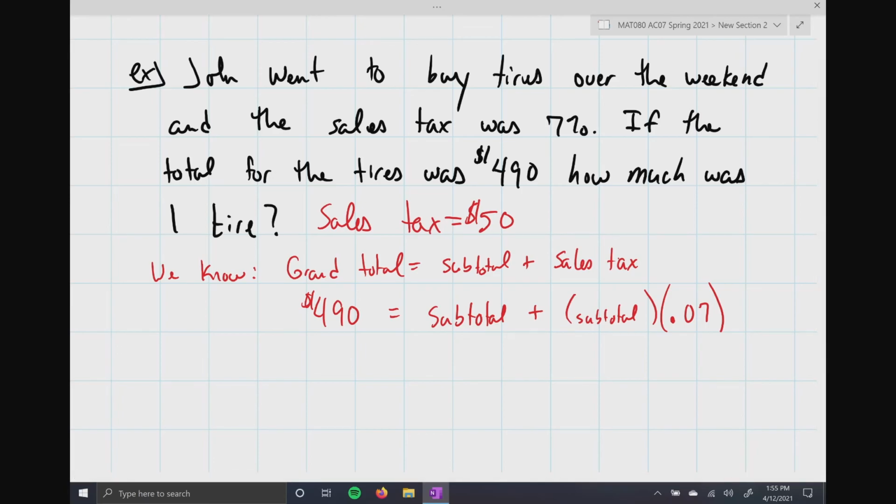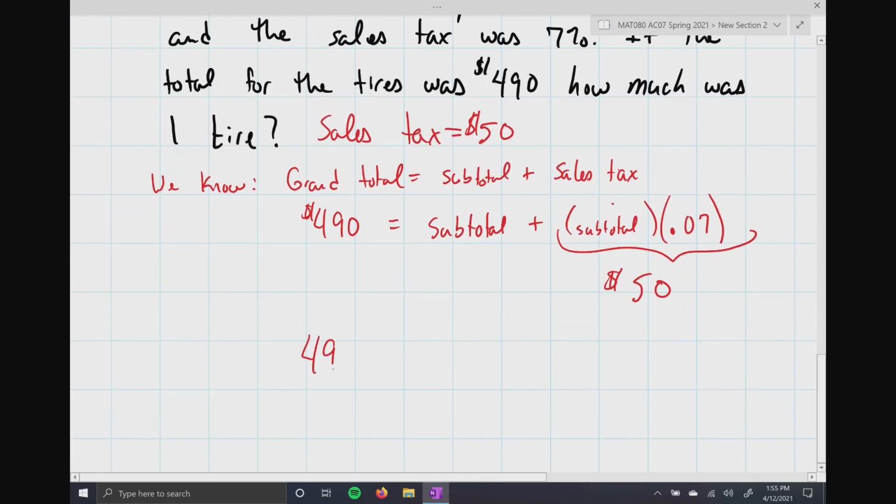Would it go where the subtotal times 0.07? Sure. So right here, we know is $50. So whatever this subtotal happened to be, I multiplied it times 0.07 and got $50. So I got 490 equals the subtotal plus $50.